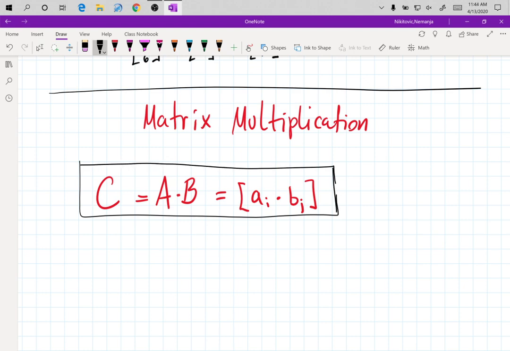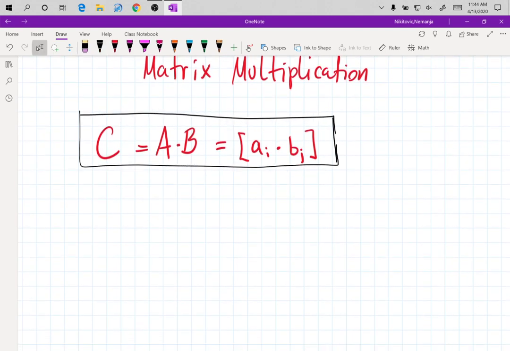So this is the formula which we are using to multiply the values, and what we are going to need here is that certain rows and columns need to be the same for matrix multiplication. So you can't multiply anything, right? You do have a certain restriction.